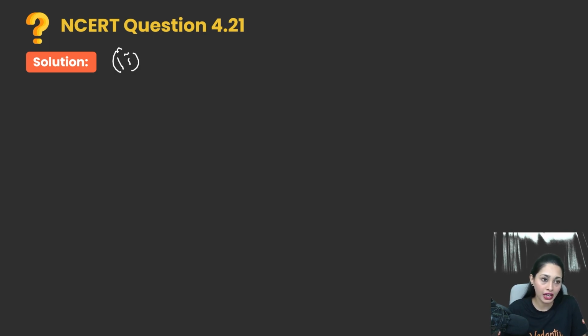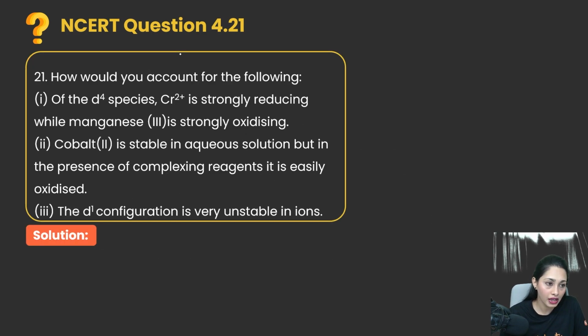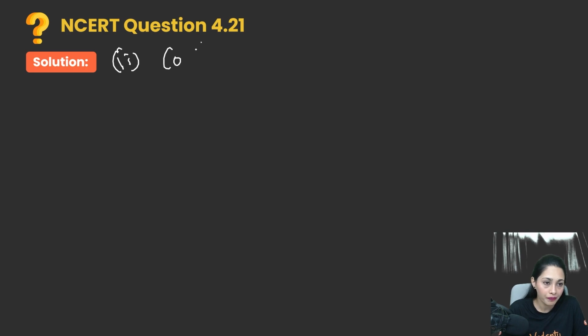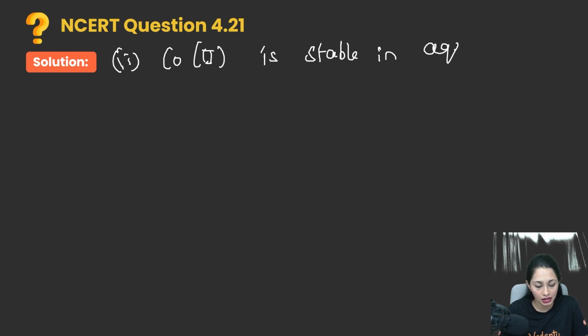In the second question, we had cobalt. Cobalt 2+ is stable in an aqueous solution, but in the presence of complexing reagents, it is easily oxidized. So what is the reason? Cobalt 2+ is stable in aqueous solutions. Aqua means water.